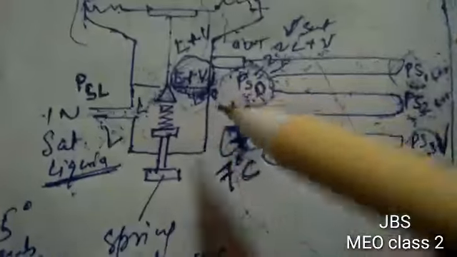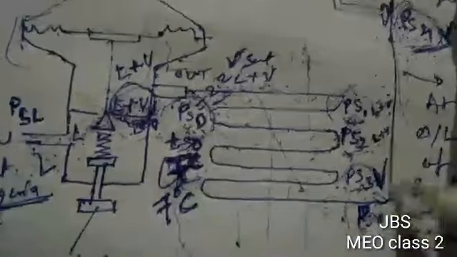Earlier there was liquid L. Now here L plus V is there, liquid plus vapor. Here also L plus V is there, but here it is vapor because it is taking heat from the air which is flowing across this evaporator coil, and here also vapor is there. So after that we have only vapor.